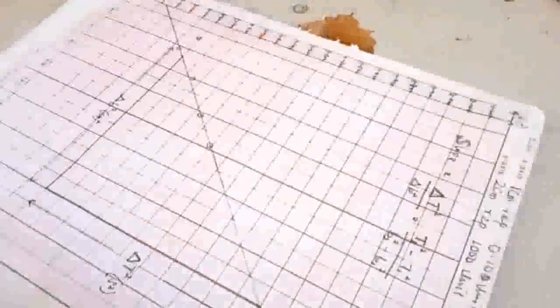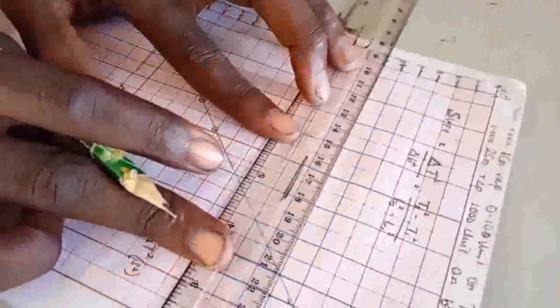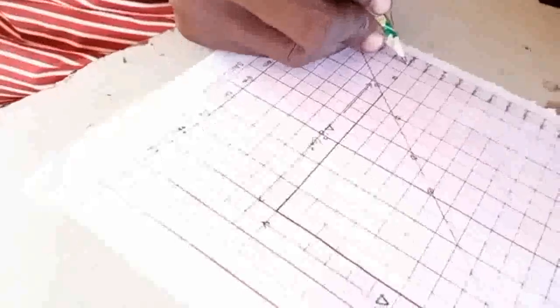That means if I pick 2 points, my initial value of T square is 0.600, while my final value of T square is 1.700. This is my T2 square. This is my T1 square.